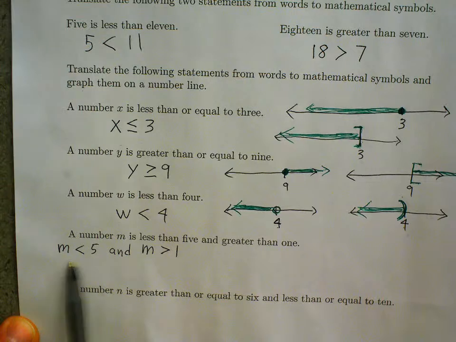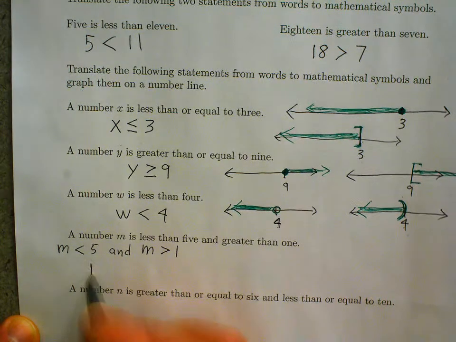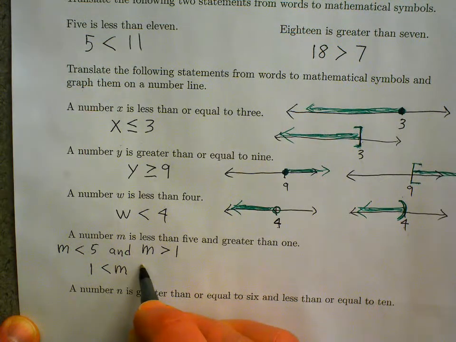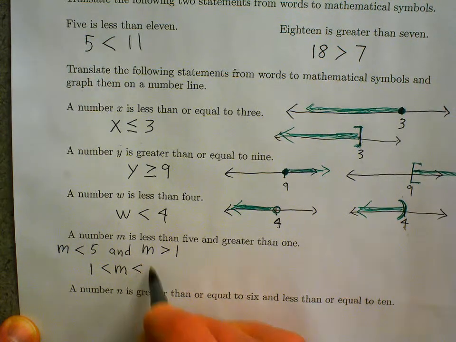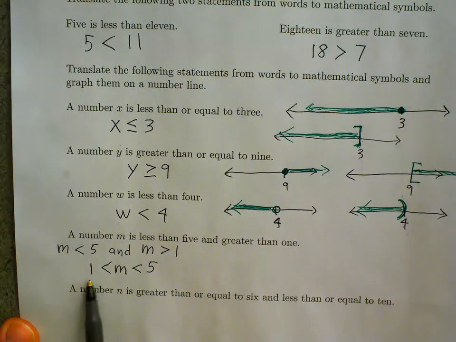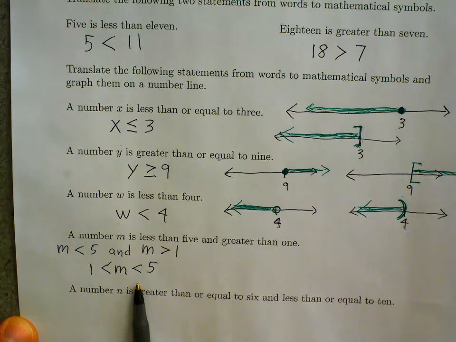So a more compact way to write this is to write 1 is less than m, and at the same time, m is less than 5. This bottom inequality is called a compound inequality.